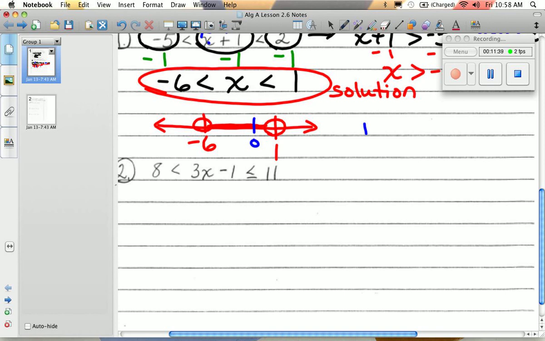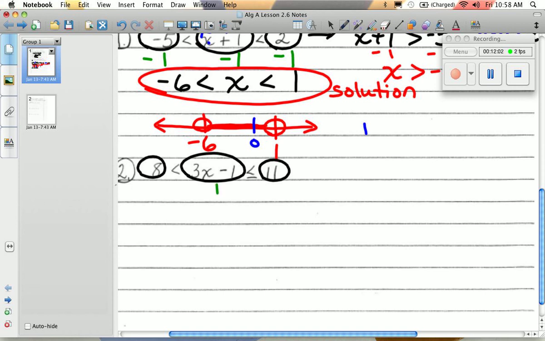Okay? So Trey, circle the 3 regions. Yeah, so we've got these 3 regions. We've got 8, we've got 3x minus 1, and we've got 11. What is it that we want to be by itself? The x. So do you have a suggestion, Ariel? What do you think we should do first? Add 1 to all the regions, right?